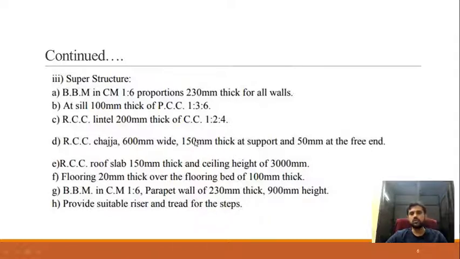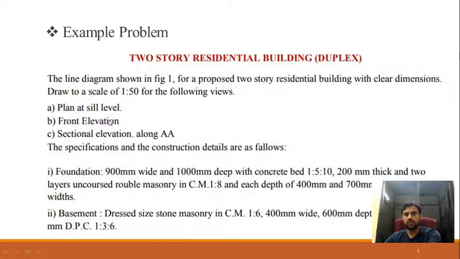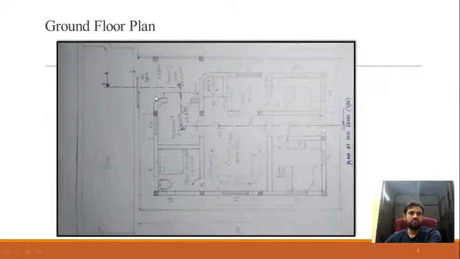This must be indicated, that's why I'm highlighting this. The remaining things are not visible in the elevation, so the remaining construction details or specifications can be read afterwards. This ground floor plan has been prepared at sill level.